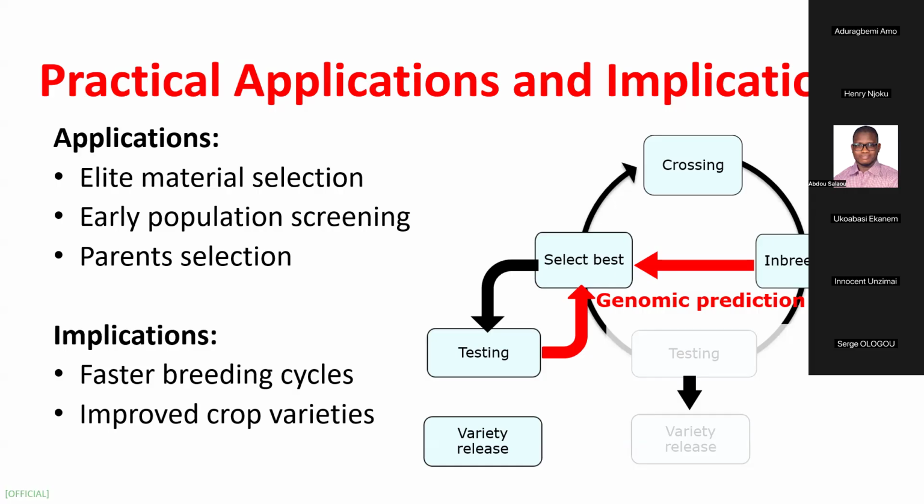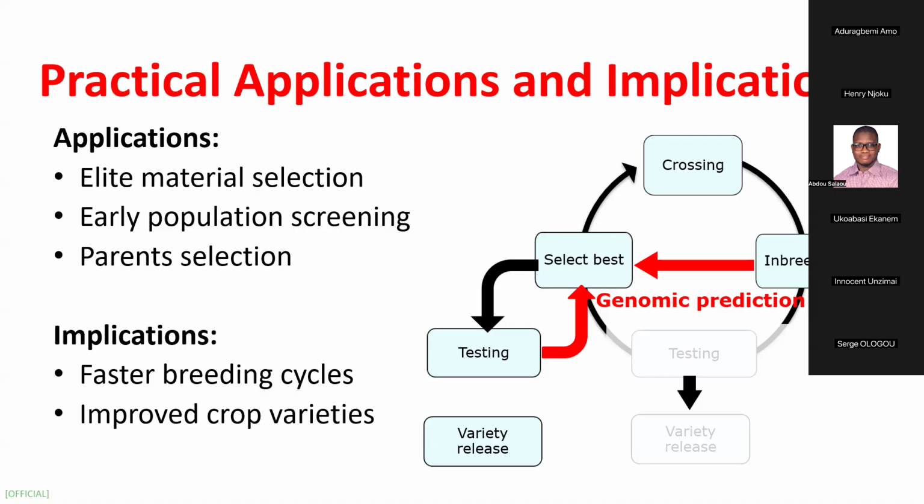Each time I plant them, I can do a few samples to really test them across, and then use that to select based on the prediction I've made before. So it just depends on the program, the objective.